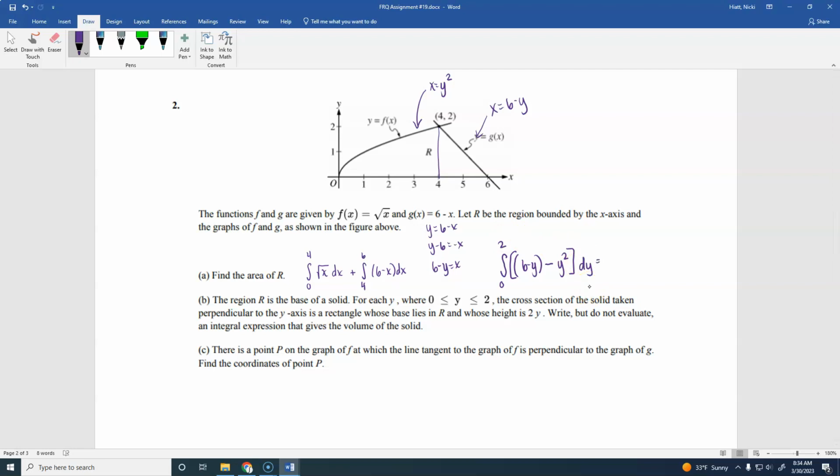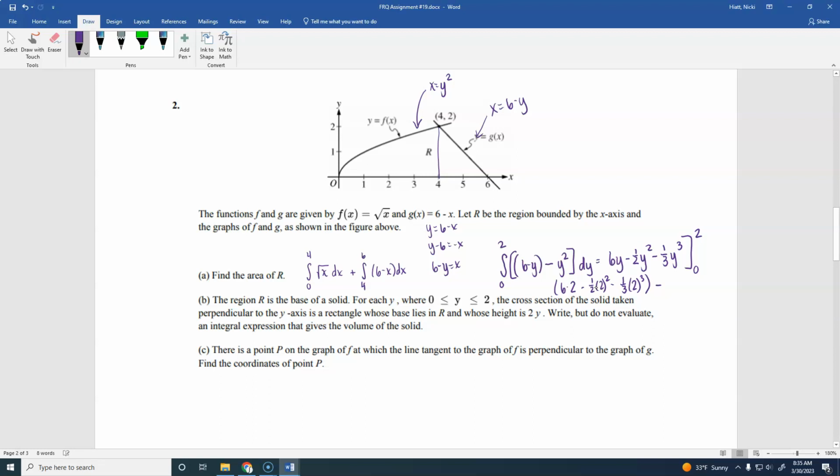I'm going to work this one out this way. If we integrate that, we get 6y minus 1/2 y squared minus 1/3 y to the third, evaluated from 0 to 2. That's 6 times 2 minus 1/2 times 2 squared minus 1/3 times 2 to the third.